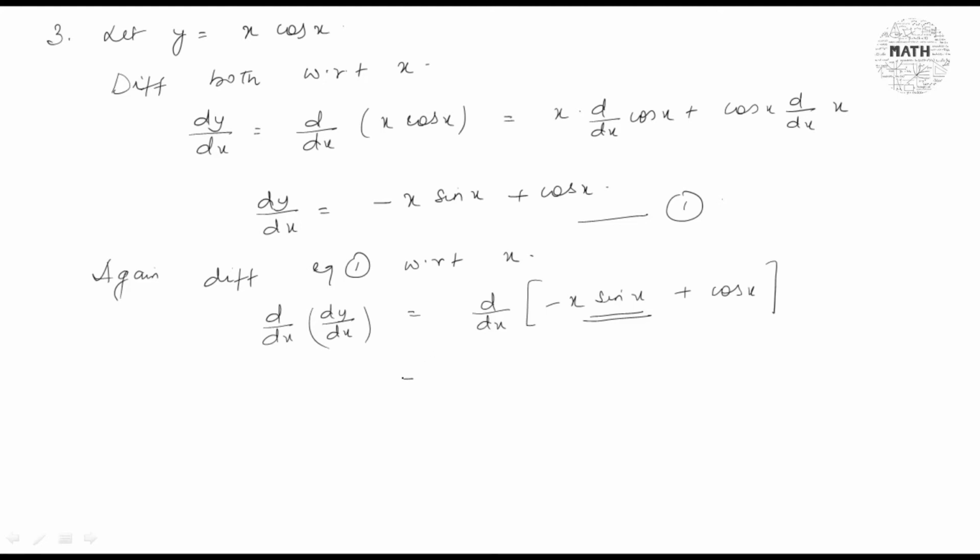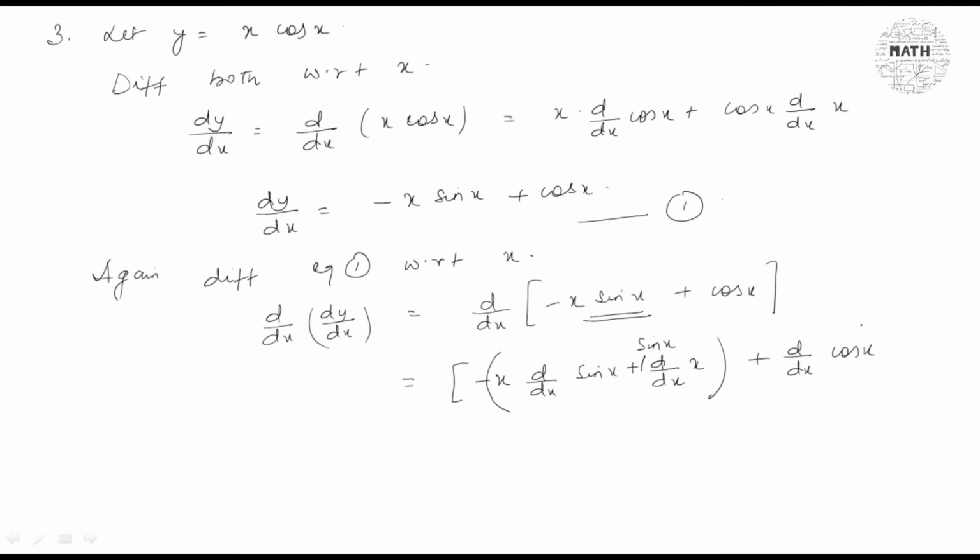So that your answer would be minus x d by dx of your sine x plus d by dx. Okay, I'll just take minus common. I'll just give bracket. So d by dx of your x, here should be your sine x, and then plus d by dx of your cos x.